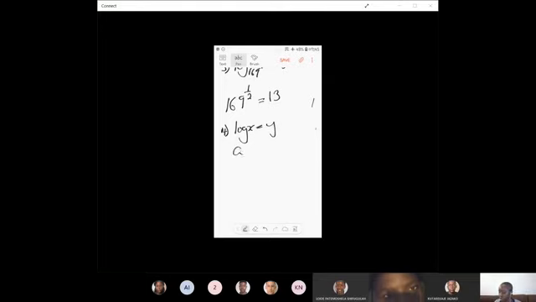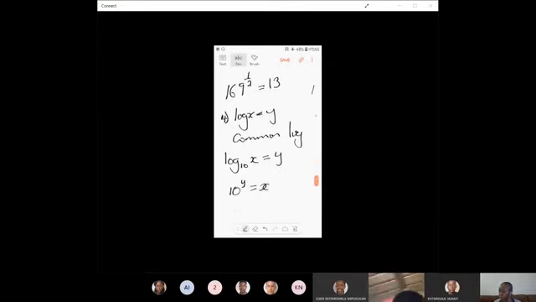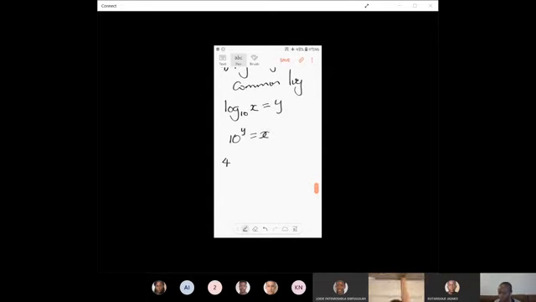So it's not a mistake. This is the same as log base 10 of x is equal to y. And then to rewrite it as an exponential equation, it is just base 10 to the exponent y is equal to my argument.